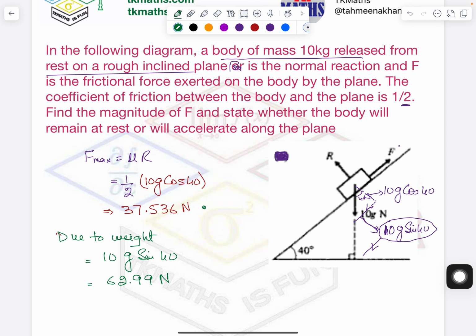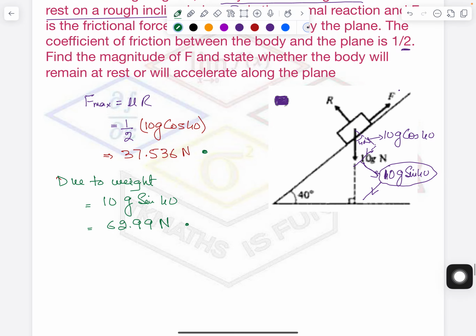Now if you compare the maximum frictional force and the downward force, you can say the maximum frictional force is less than 62.99, because this is 37.53. So what will happen? The object will accelerate.